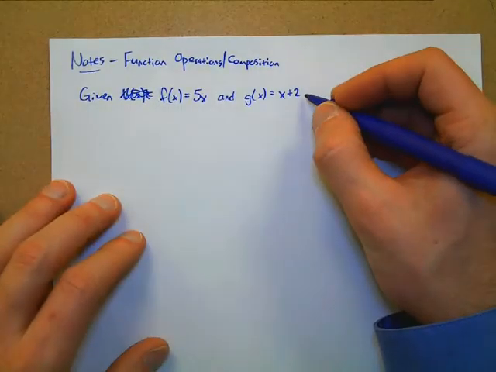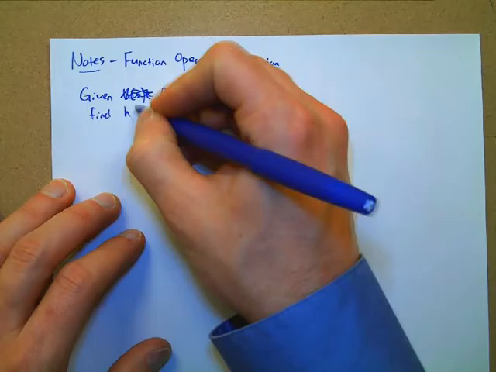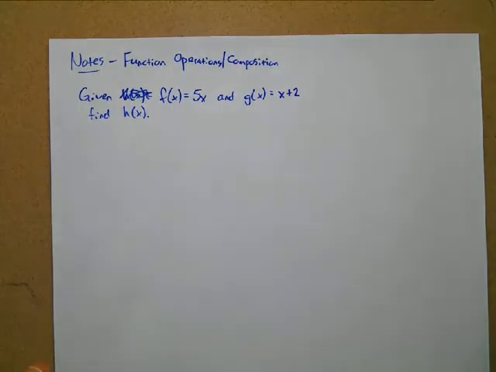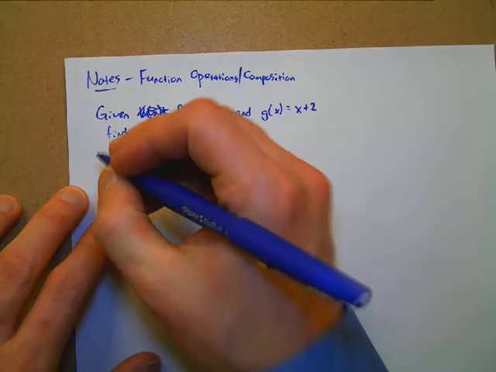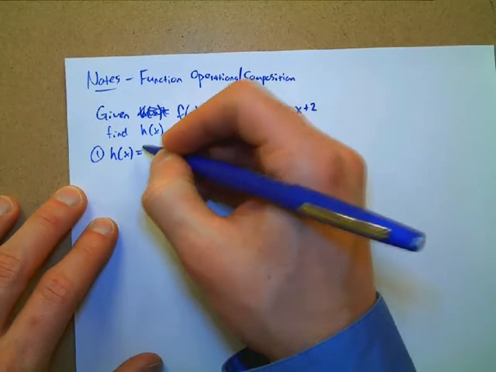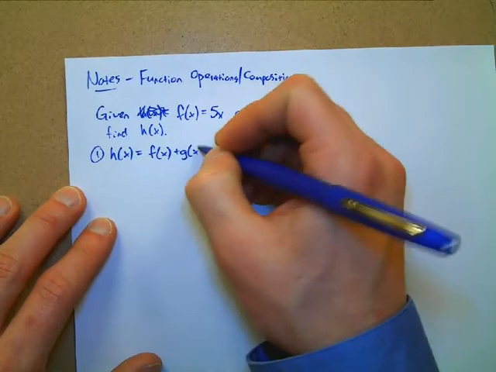So given these things, we're going to find h of x. Okay. And we'll have some different scenarios here. So for our first scenario, we'll say that h of x is simply equal to f of x plus g of x.